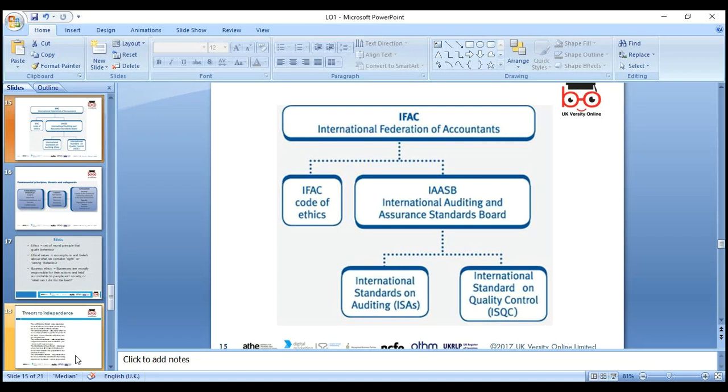They set the auditing standards, the International Standards on Auditing, ISAs. They have various auditing standards for when you do inventory or other audits, and we need to follow the standard in detail. Then there is the International Standard on Quality Control, ISQC, so we make sure quality information is passed to our stakeholders. So really we need to go through this bit.